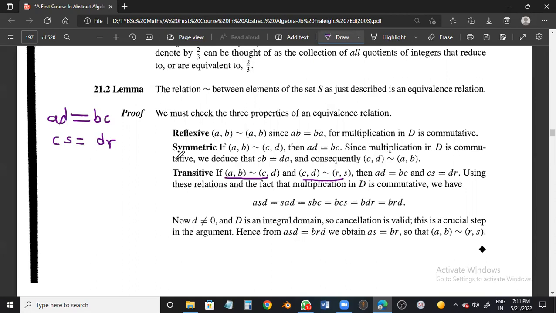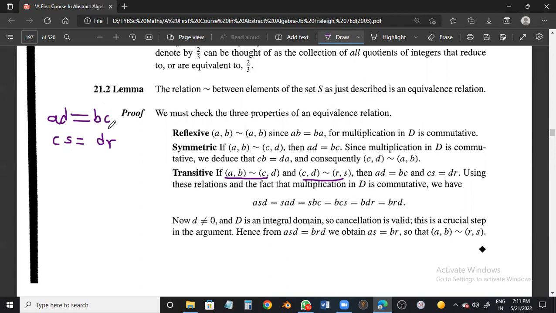So how would you reach that? What we'll do is we'll have some common ground. In these two, what common ground will you find? There is a CS over here, and here you are having BC, or AD is there, DR is here.